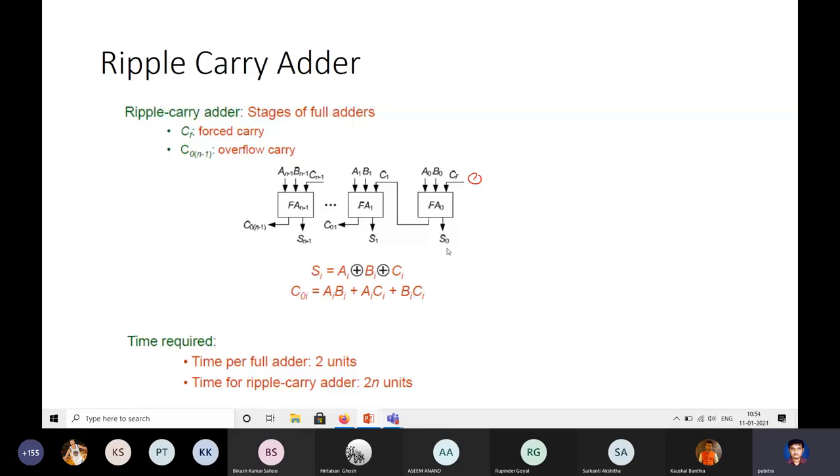So if you just cascade a set of such full adders so that the carry out of one is the carry in of the next stage, and you build this entire circuit, the sum outputs S0, S1 and so on of each of the full adders would give the sum, and the final carry out would give the final carry.